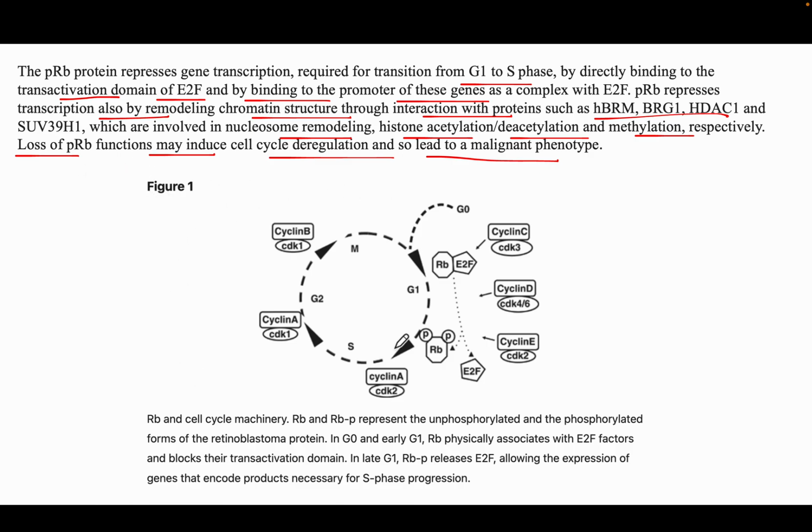So this diagram depicts the same thing, retinoblastoma and cell cycle machinery. RB and RBP represent the unphosphorylated and phosphorylated forms respectively.